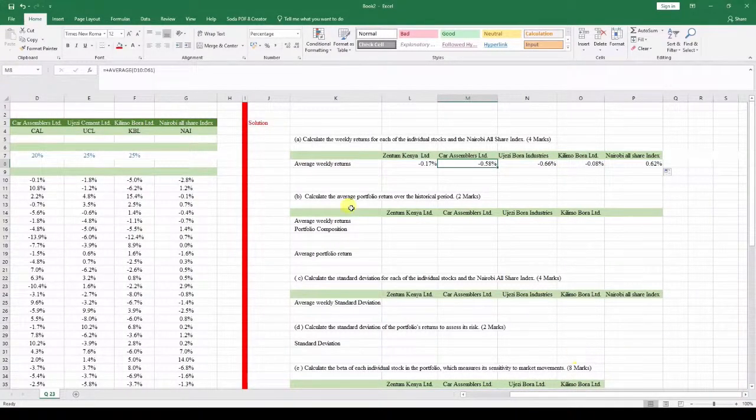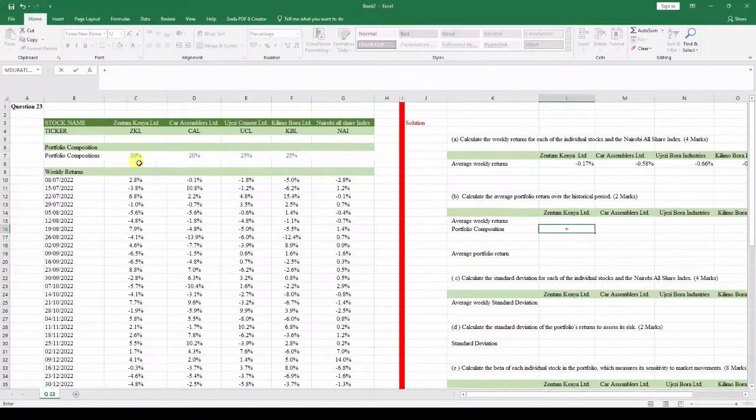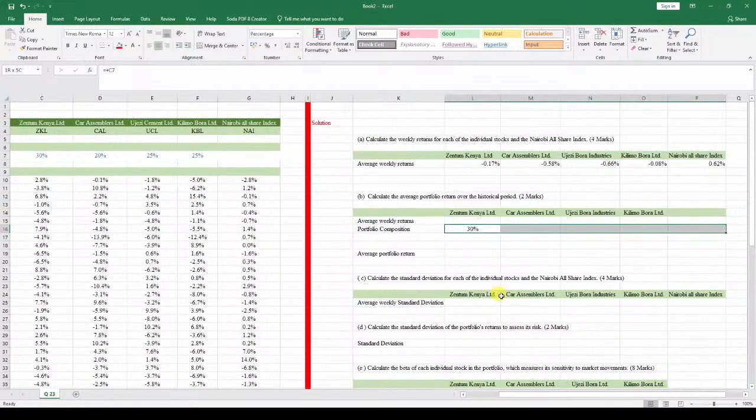You're told to calculate the average portfolio return over the historical period. We have been given the portfolio composition, and the portfolio composition can be linked with this top part right here. The portfolio composition is there. Enter. And we link it with all of them towards the right, Control R, like that, so that you can be able to pick the portfolio composition.